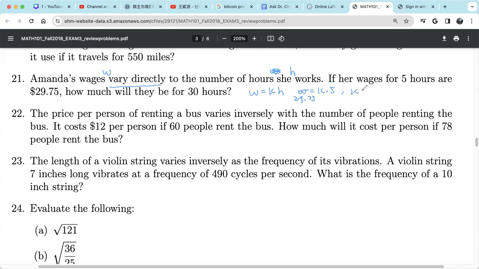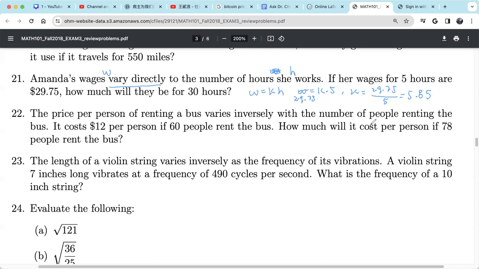So we can solve for K. K equals 29.75 divided by 5, which gives us 5.95... so K equals 5.85.